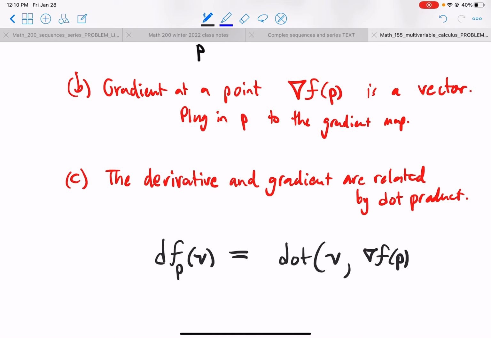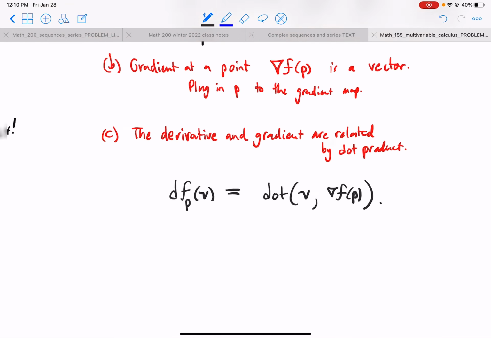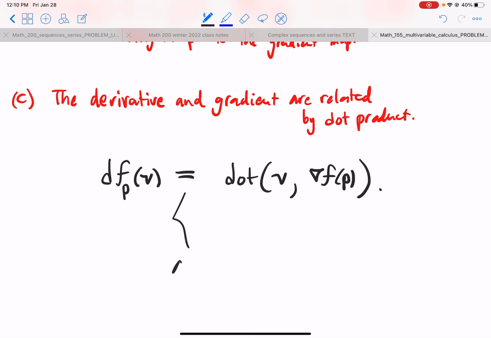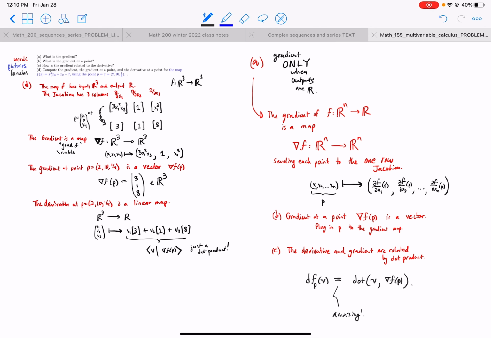The gradient at P. That is just V1 times the partial x1 at P plus V2 times the partial x2 of P. This is a number plus dot dot dot. It's just that one-row Jacobian dot product with V will give you a linear combination of the columns. So this is sort of amazing. And has consequences that we will see in the next few weeks.